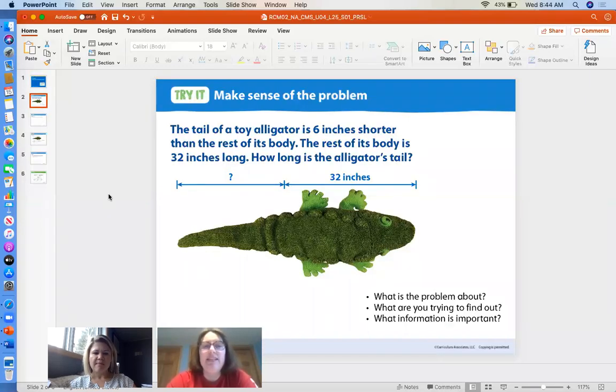So let's see. The tail of a toy alligator is 6 inches shorter than the rest of its body. The rest of its body is 32 inches long. How long is the alligator's tail? What do you think we're going to do?